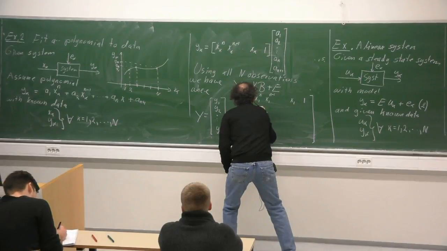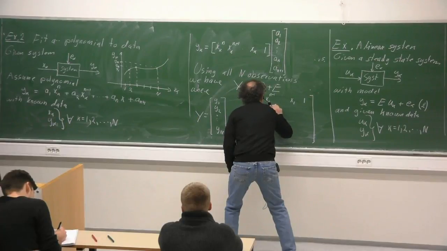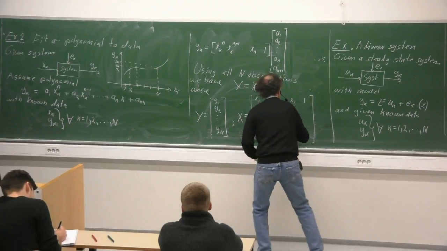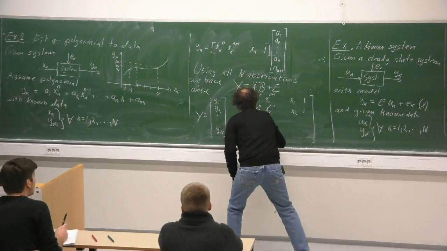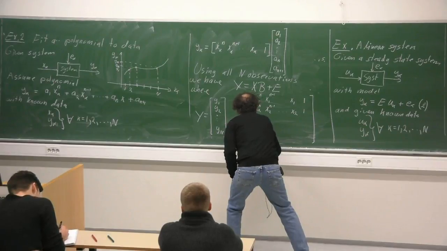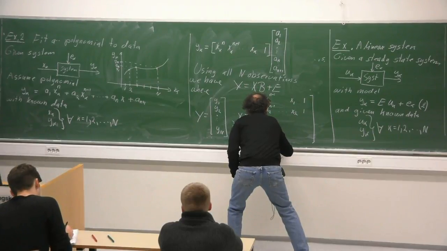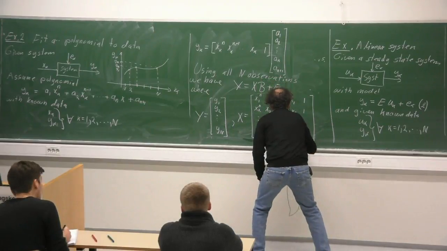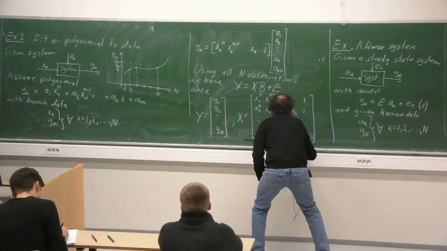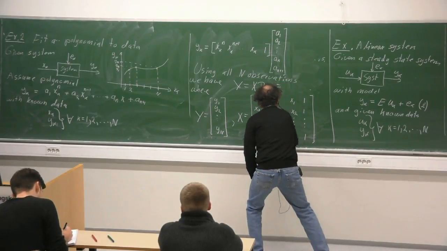The second row, x2 to the power of n minus 1, dot dot dot, down to x2 and 1, dot dot dot, down to the last row, x_n to the power of n, and 1.